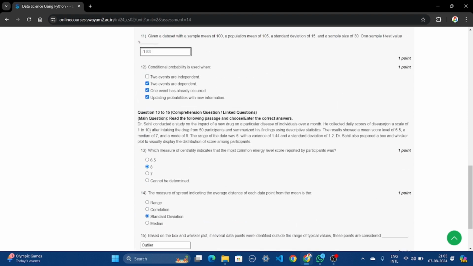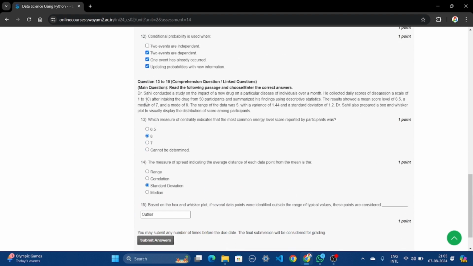Moving to 13th question. Dr. Sahil conducted a study on the impact of a new drug on a particular disease of individuals over a month. He collected daily scores of disease on a scale of 1 to 10.